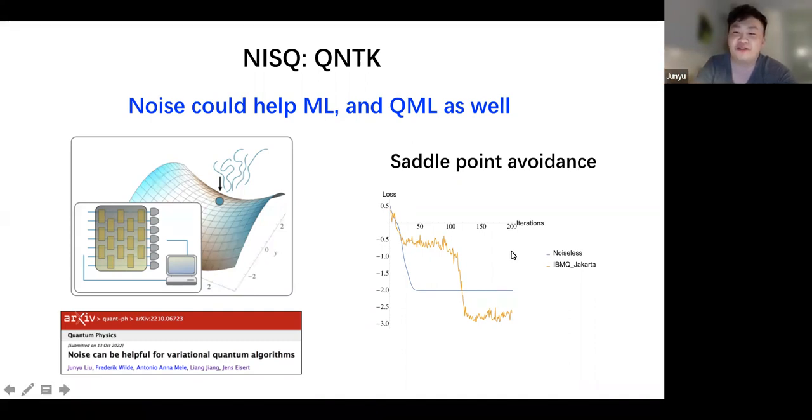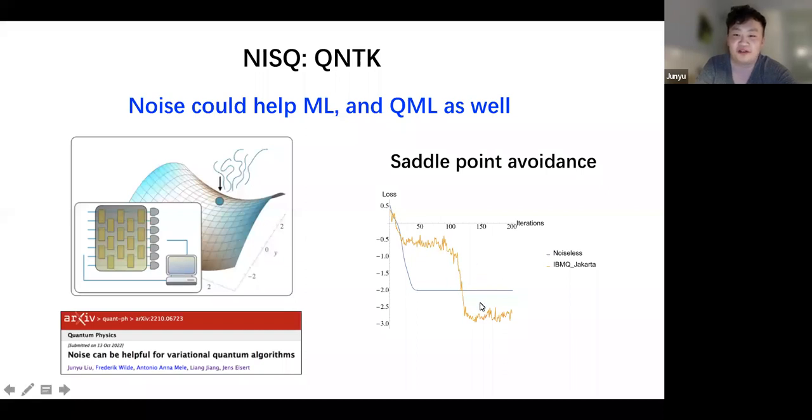We did an experiment on some 6 qubit and 7 qubit examples, and it shows that if you add noise, which is actually quantum noise, it will be better than the noiseless case in the same situation.